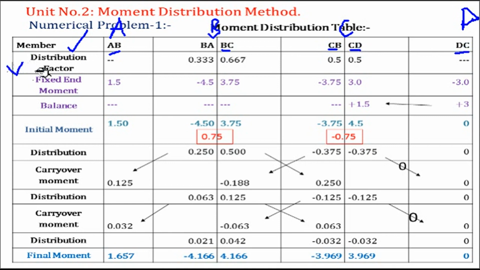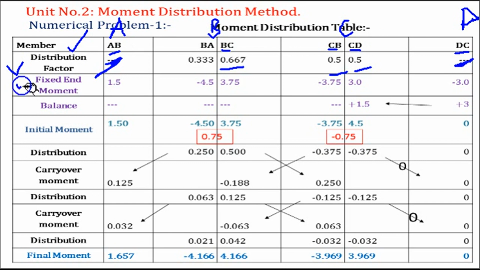Now in the next row, write down the distribution factor. As calculated earlier, the distribution factor for BA is 0.333, BC 0.667, CB 0.5, CD 0.5. No distribution factor for the ends A and D, as they are the last ends.